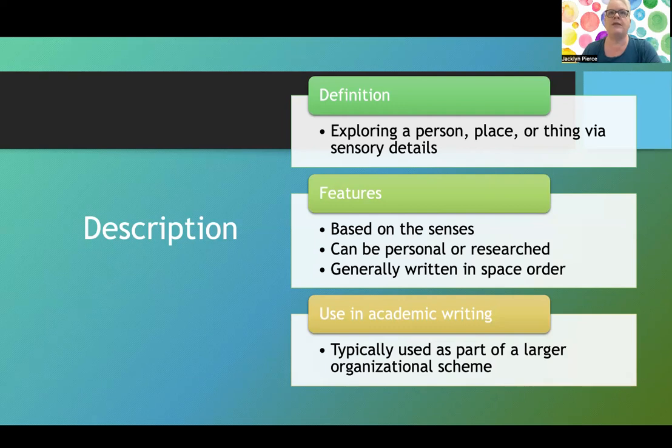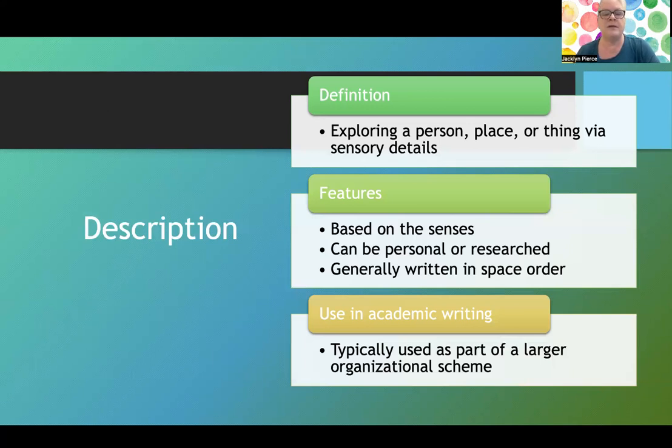One of the common things we do in, say, art classes or humanities classes is to describe works of art. And typically we don't get to go see them in person, so we are relying on research to do that. Typically, descriptions are written in what we call space order. The best example of that is if you were describing a person, for example, typically you start with their face and work downward.